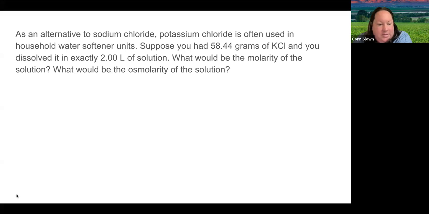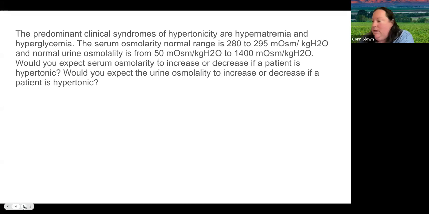Okay, next up, let's think about the next problem that we have here. The predominant clinical syndromes of hypertonicity are hypernatremia and hyperglycemia. The serum osmolarity normal range is 280 to 295 milliosmoles per kilogram of H2O.